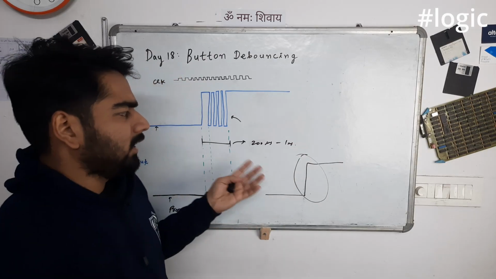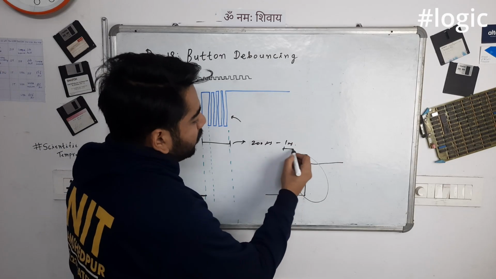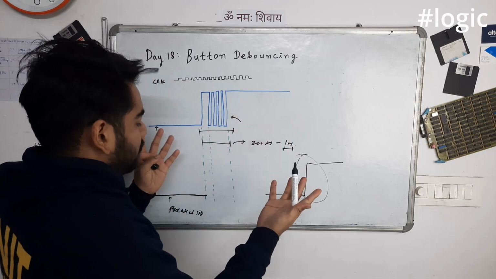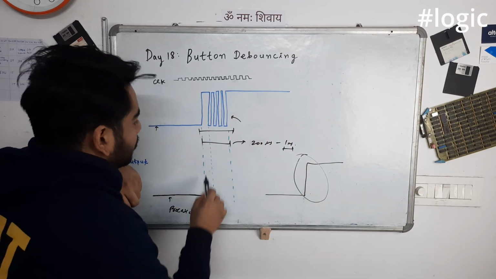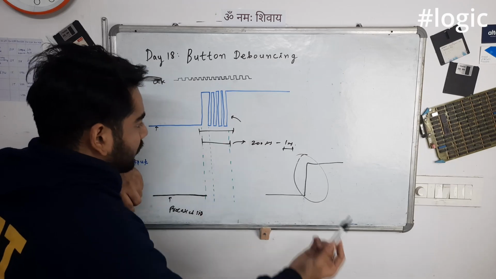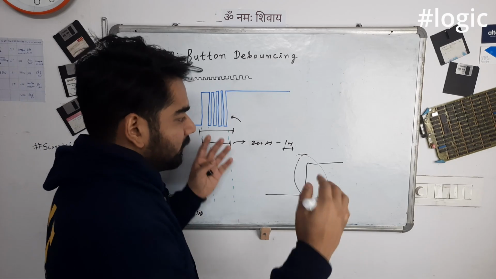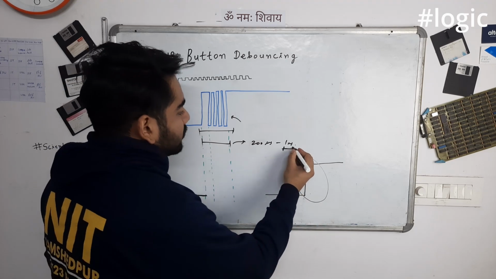So if I set a counter which counts up to 1 millisecond, then we will be able to surpass this bouncing thing. For doing that, as soon as this input signal differs, we will start a counter and we'll count. Now we will count up to a certain value so that we match this delay.